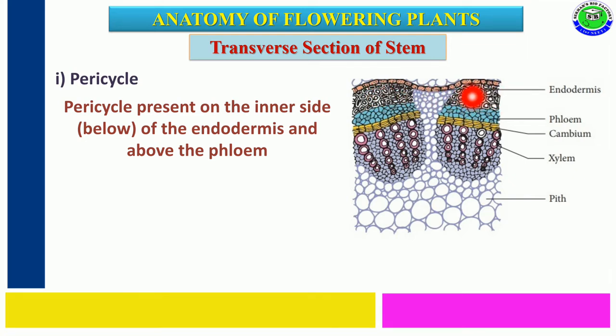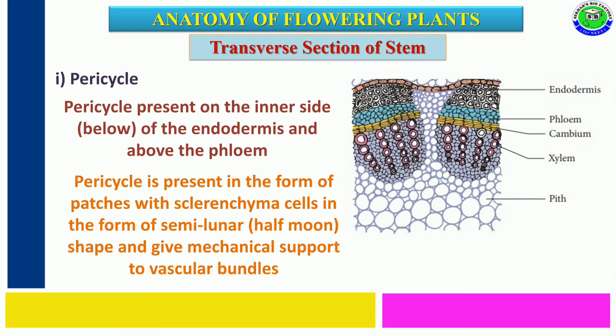It is present in the form of semilunar or half-moon patches, discontinuously, just above the vascular bundles and below the endodermis. Because of its sclerenchymatous cells, the pericycle provides mechanical support to every vascular bundle.